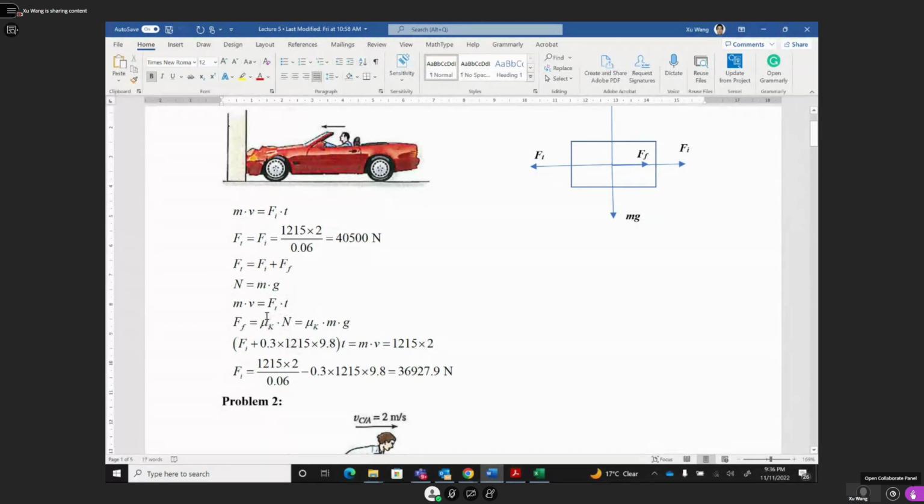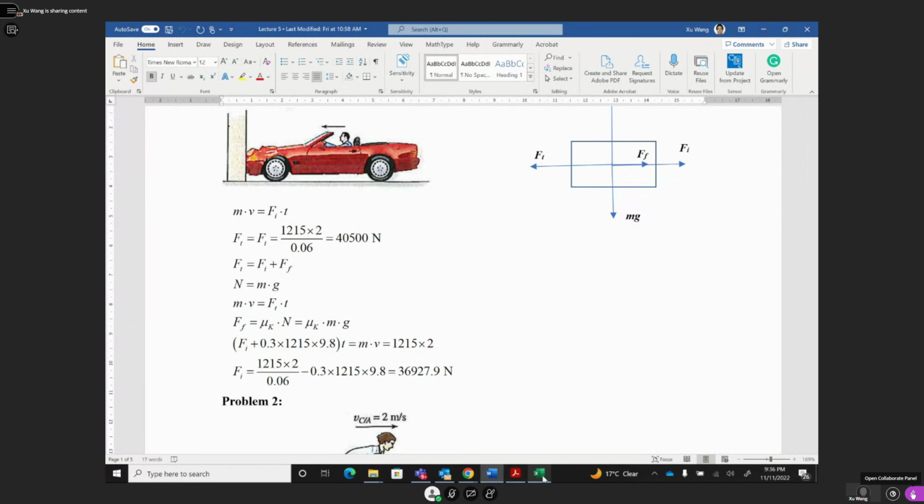Friction equals the friction coefficient times N, which equals mg. So mu equals 0.3 times mg. This is the total traction force. Traction times delta t equals mv. So that's why you get mv divided by 0.06 minus this term.